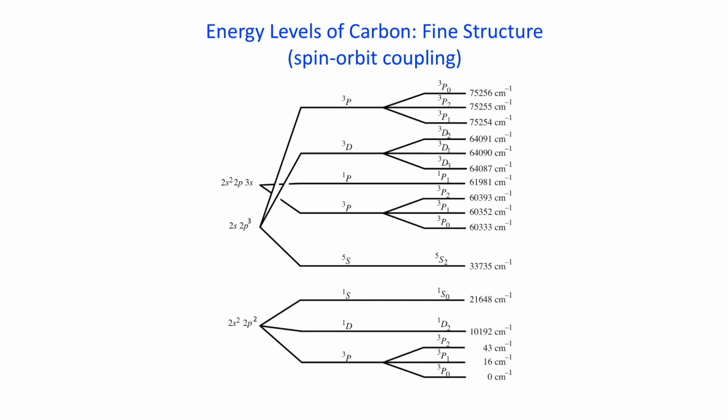If we couple the spin and the orbital angular momenta together as well, then we get what we call fine structure or spin orbit coupling, and we get even more splittings here.